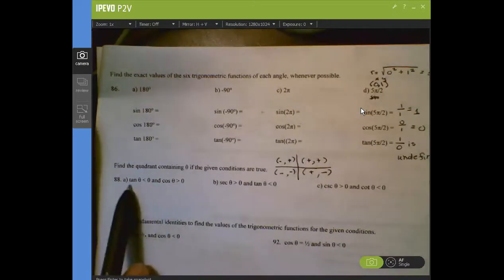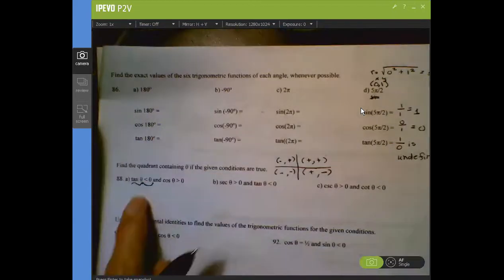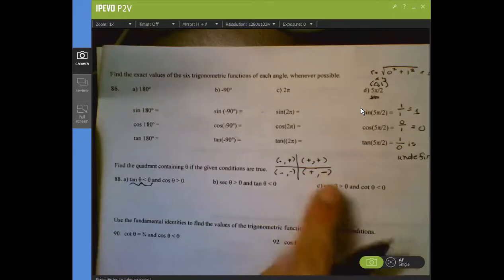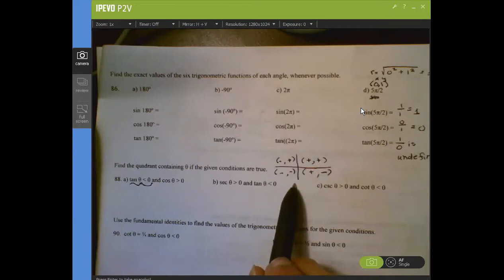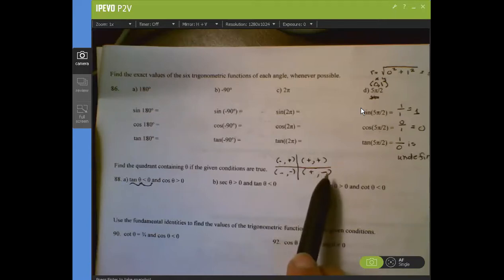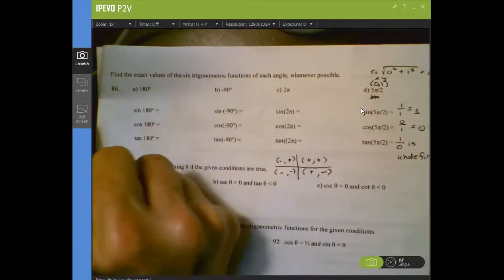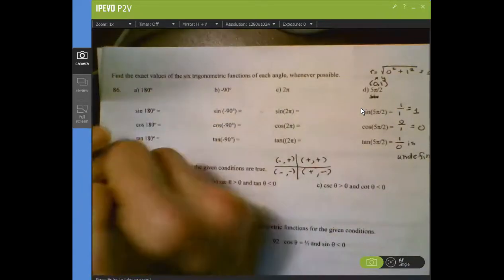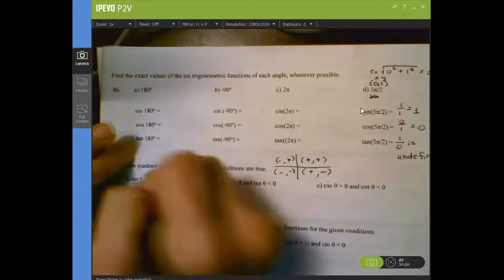If I said, where is tangent negative? In which 2 quadrants, if you divided the y by the x, would you get a negative answer? Second quadrant, when you divide a positive by a negative, or fourth quadrant, when you divide a negative by a positive. So this could either be quadrant 2 or quadrant 4.